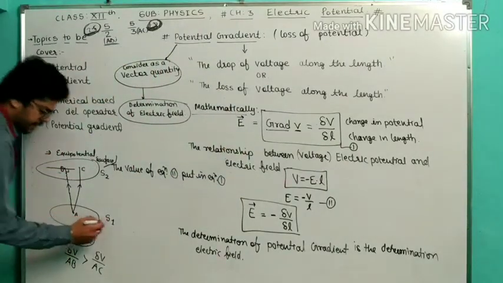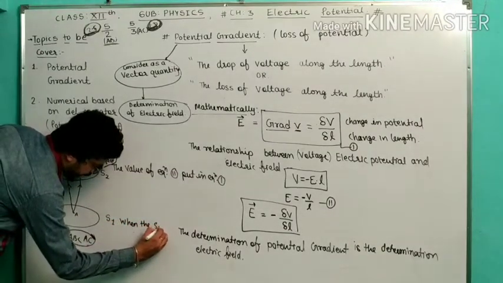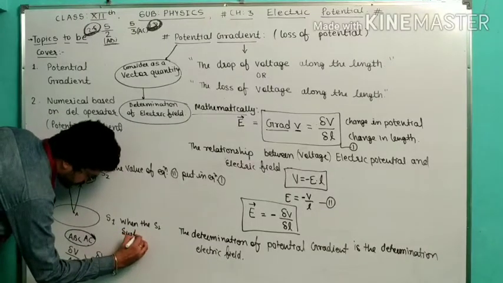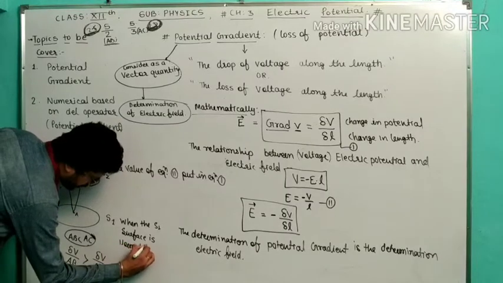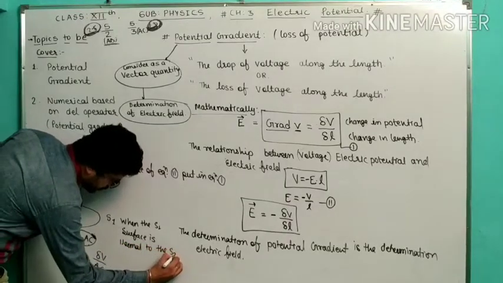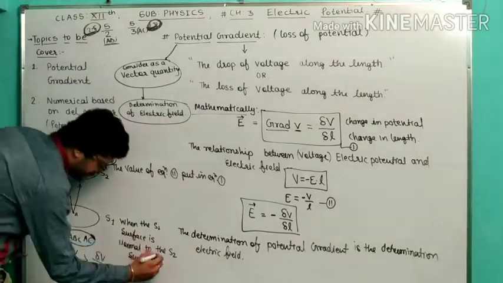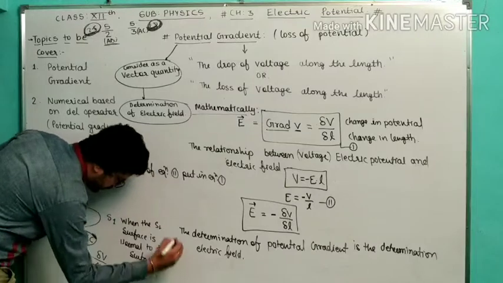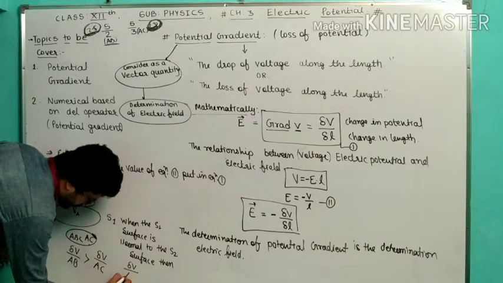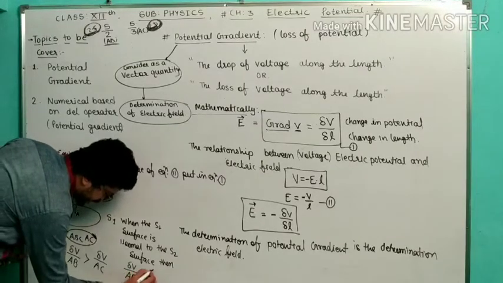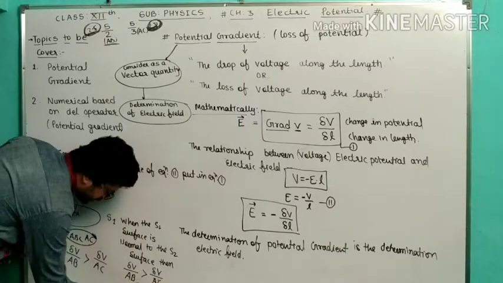What is the conclusion here? When the S1 surface is normal to the S2 surface, then del V upon AB is maximum as compared to del V upon AC.